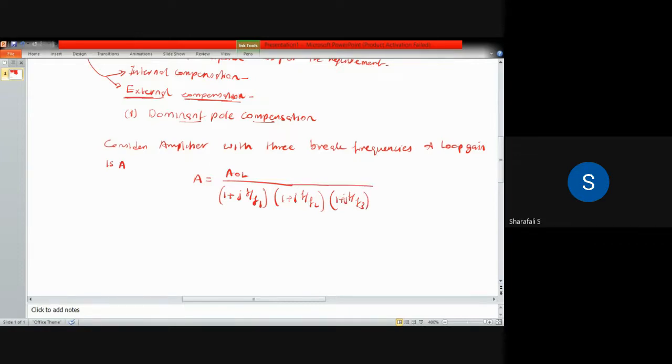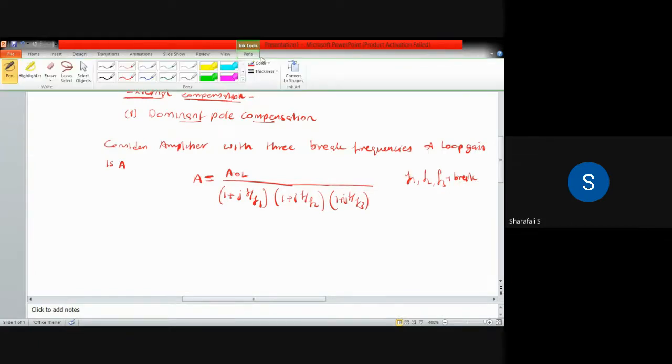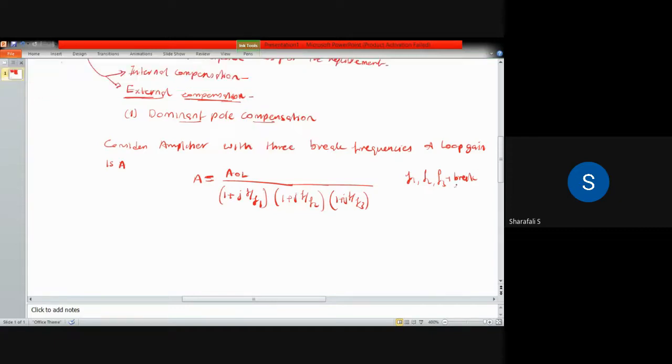This system, this circuit which is having gain, has three different break frequencies: f1, f2, f3. These are the break frequencies that you can get from here.